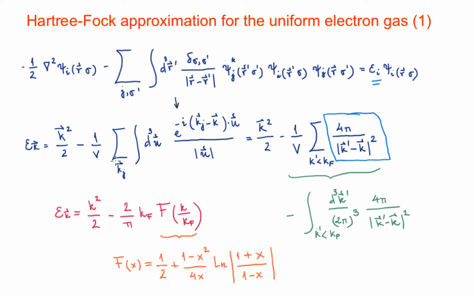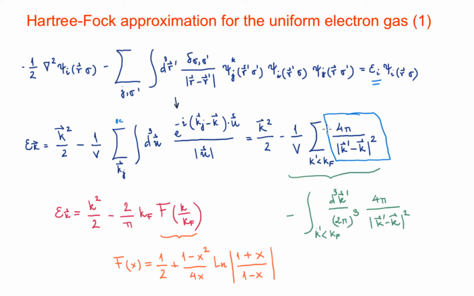And we have to do the summation over all occupied states, occupied by electrons. Instead of calling it kj, we call it k prime here. The occupied k states are those states lower than the Fermi wave vector, so we have to do that summation over k prime states lower than kF.